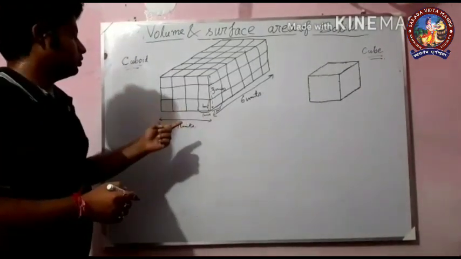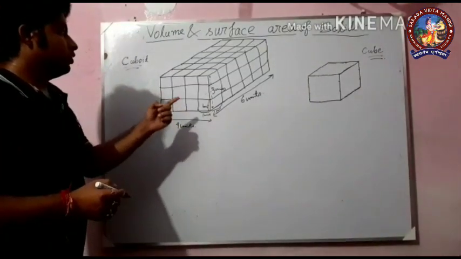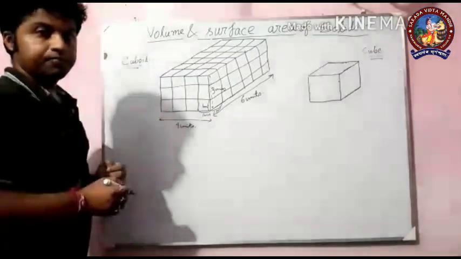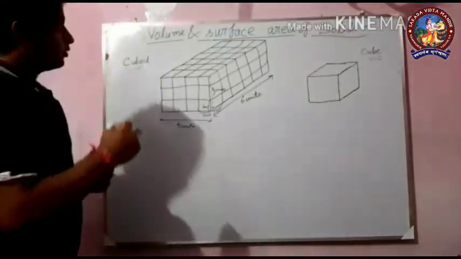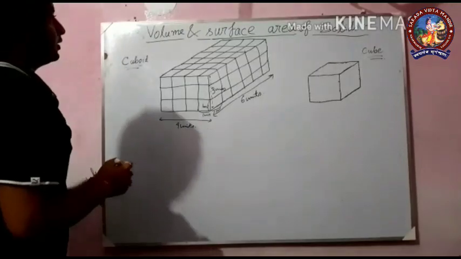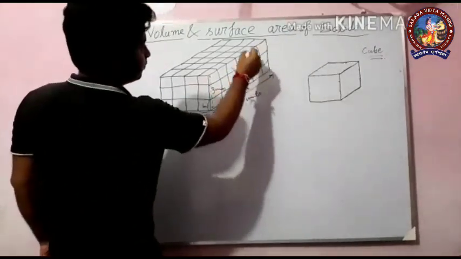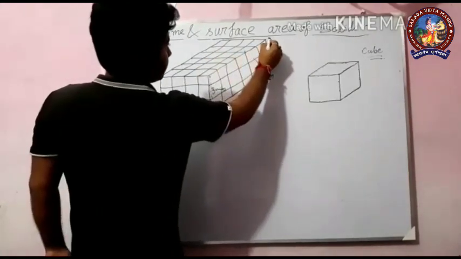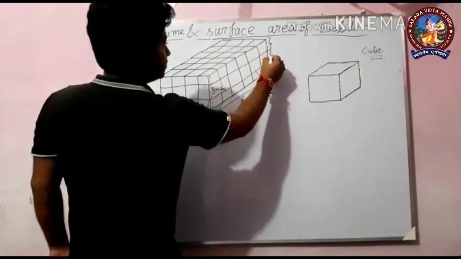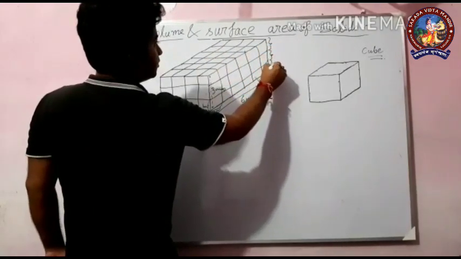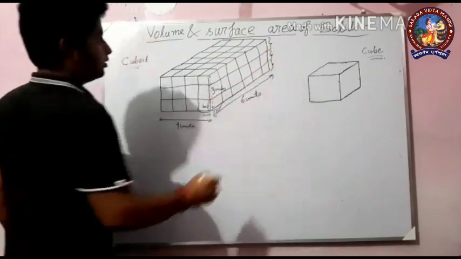So now can you count how many unit cubes are here? For counting that, see here, there are 3 layers of unit cubes. This is 1 layer, this is the other layer, this is the third layer. This is the first, second and third layer. Okay.